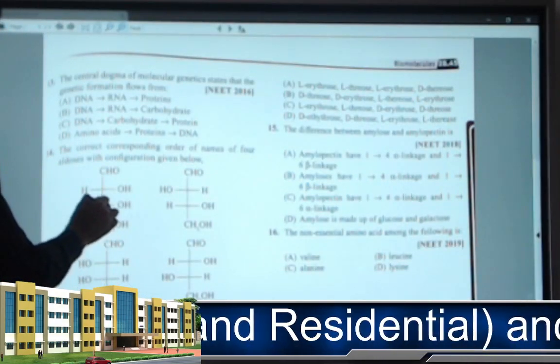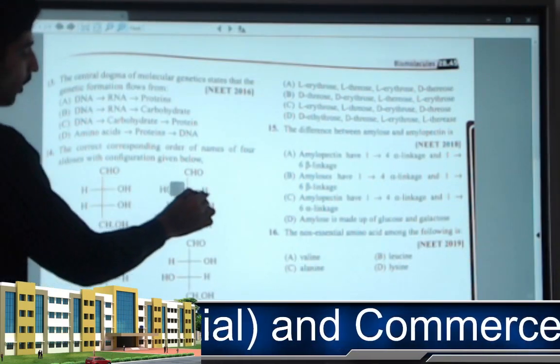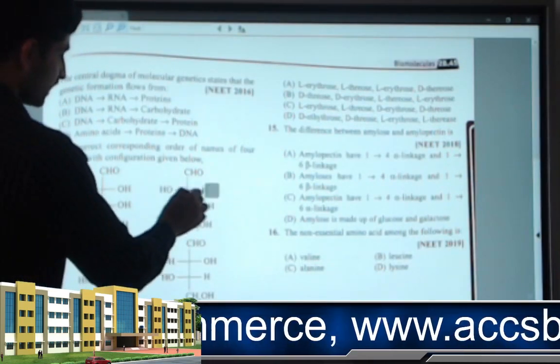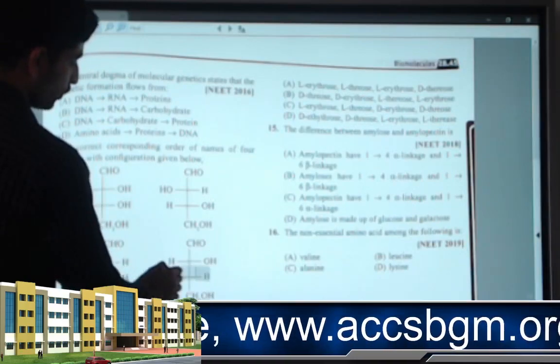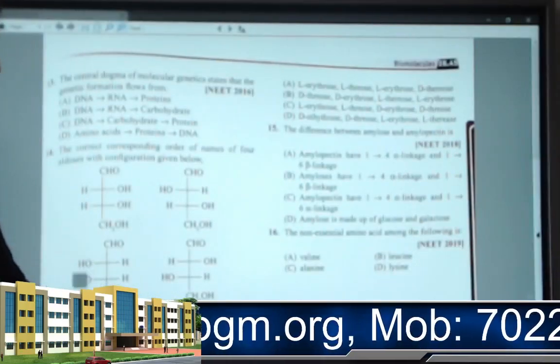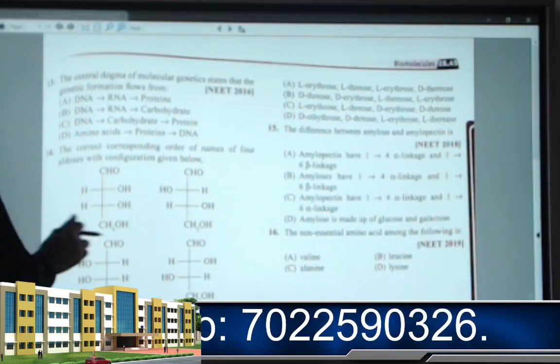So the opposite of this, erythrose, will always be threose, and D-threose's opposite will be what you call L-threose. Okay. Now, next question.